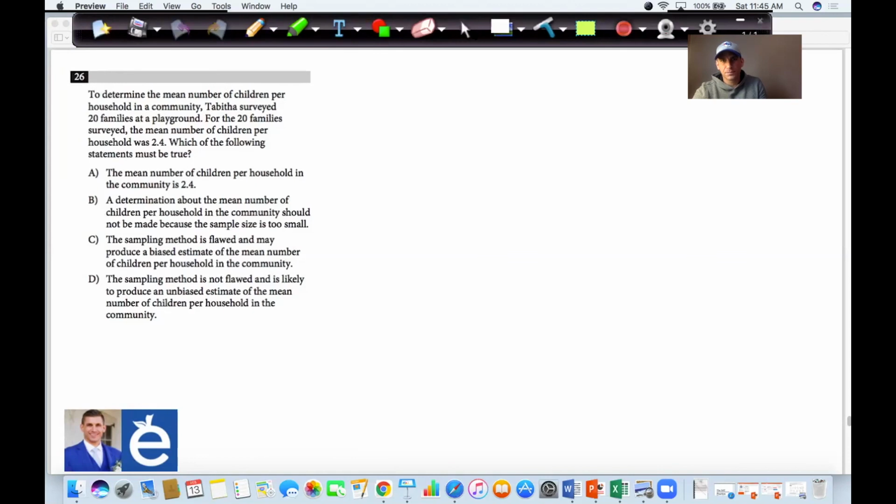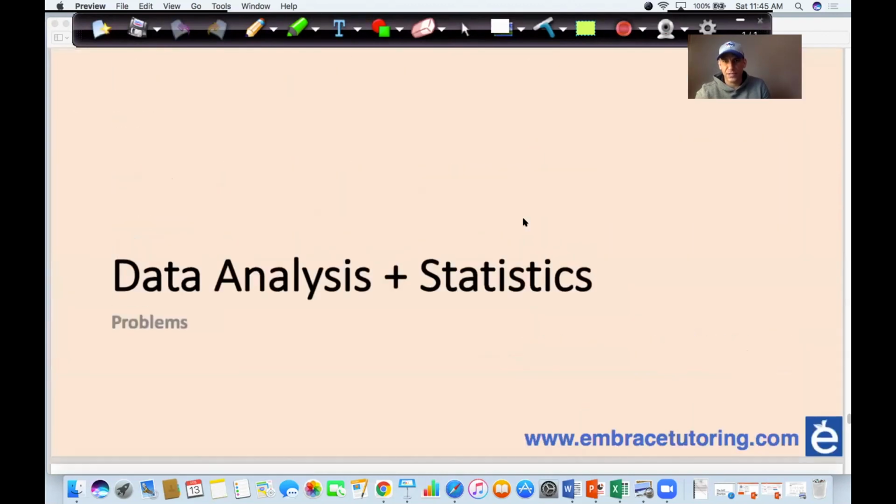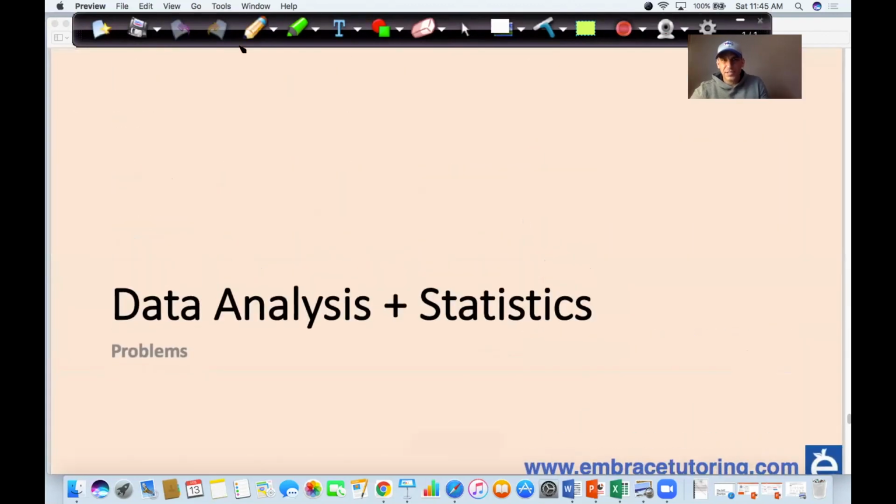All right, so here, let's back up real fast. On the SAT, you will have various questions regarding data analysis and statistics. For statistics, to simplify this, a lot of times this is your mean, your median, your mode, and range is often asked.